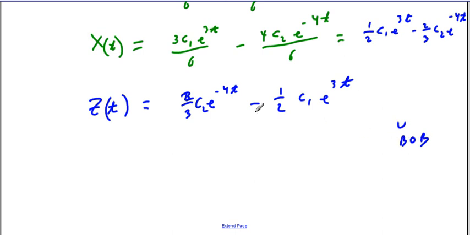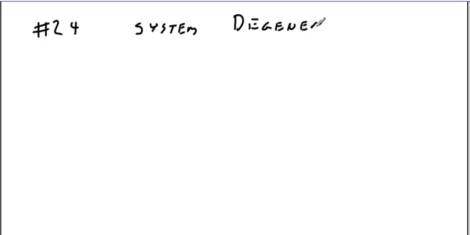Okay, number 24. I'm going to do something a little bit different. We're supposed to determine whether or not the system is degenerate. I like that word. We're going to use it again in this chapter and in the next chapter, chapter 5.